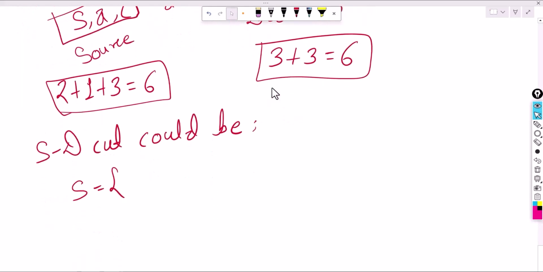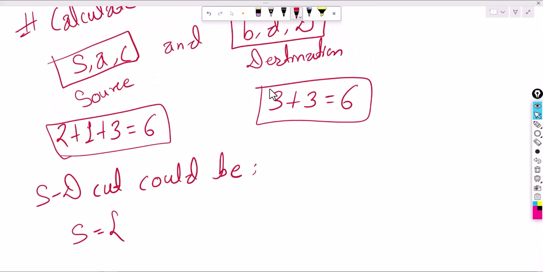So S equals the source, that is SAC, and the destination, that is the sink, B, D, D, right?